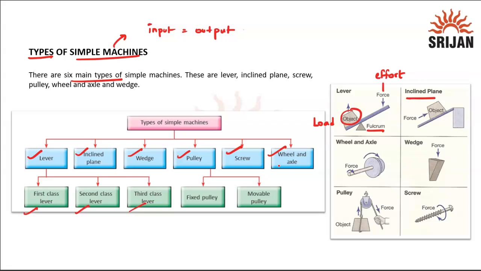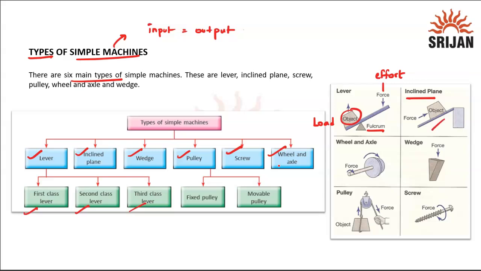Then you have the inclined plane, which is nothing but a frictionless surface, which can be utilized in order to move a heavier object to some higher place. Let's say you want to lift up some object and it is very heavy and you can't just lift it easily. So you simply push it on this inclined plane, this slanted surface.